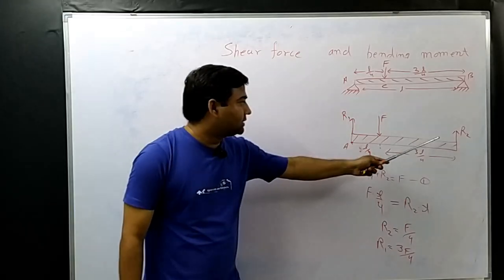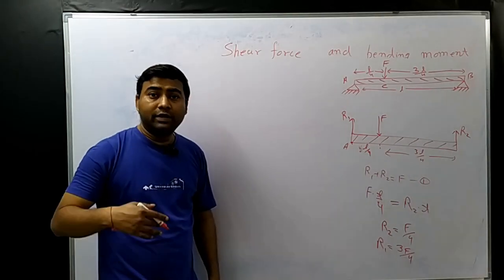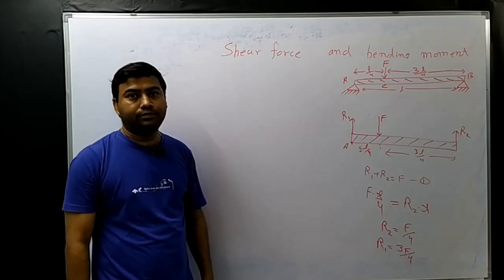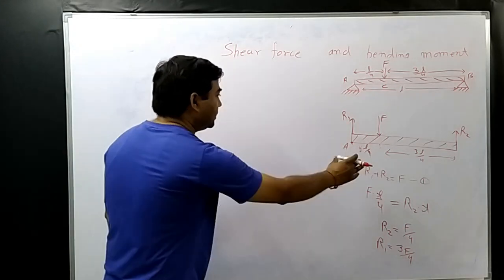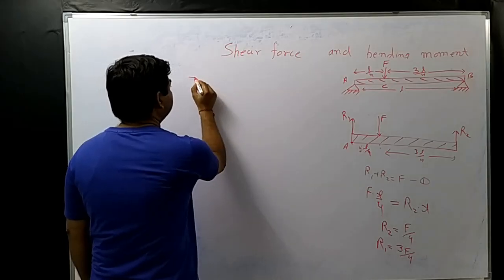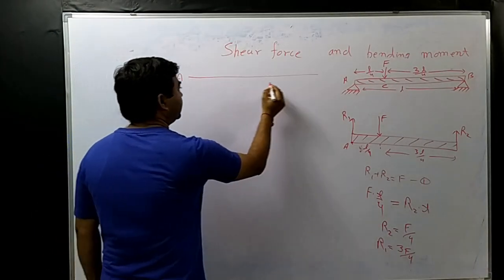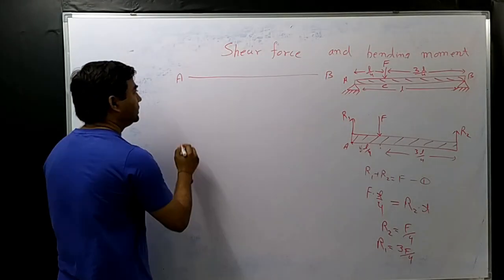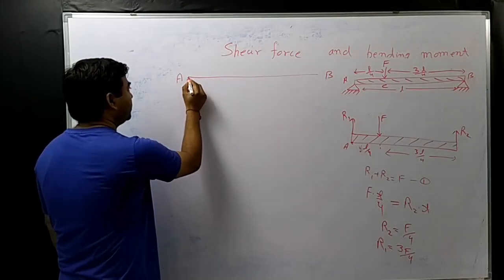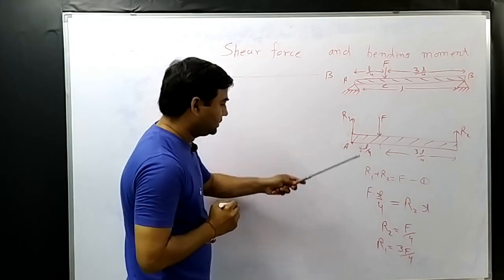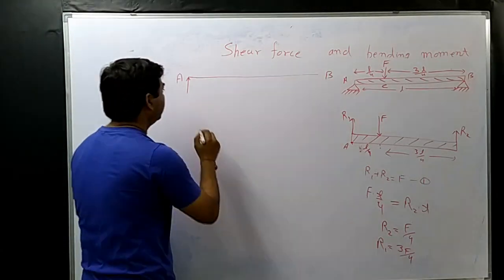So we have found these reactions. Now we have found all the external forces on the beam, so we can draw the free body diagram of the beam. This is the beam, this is point A, this is point B. Reaction at point A is R1, that is 3F by 4.